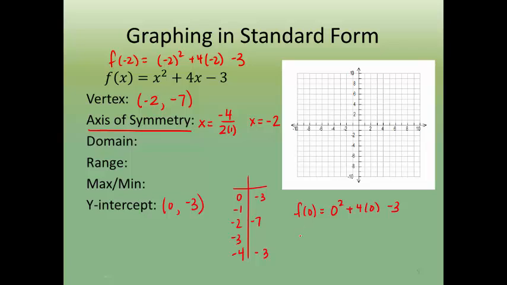Let's substitute in negative 1. F of negative 1 means negative 1 squared plus 4 times negative 1 minus 3. This makes positive 1 minus 4 minus 3, and that should be negative 6. So now I have some values that I can place. Go ahead and pause the video if you want to try it on your own or follow along with me.